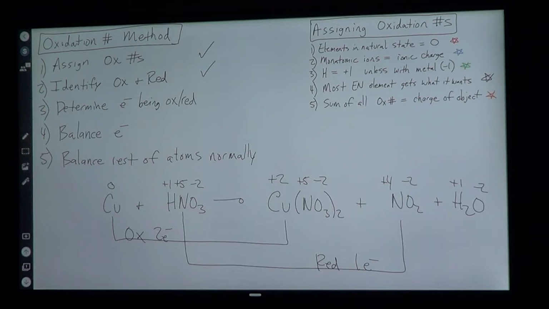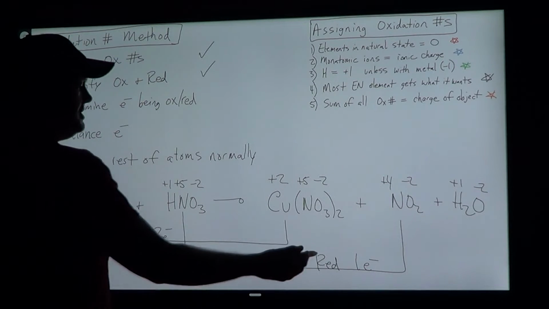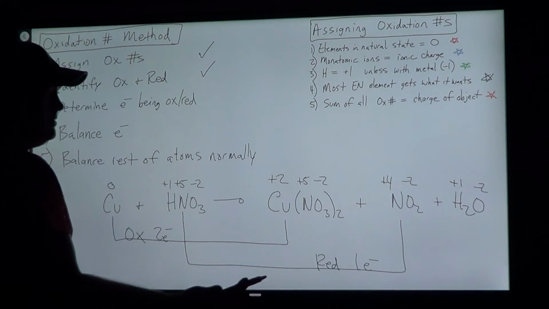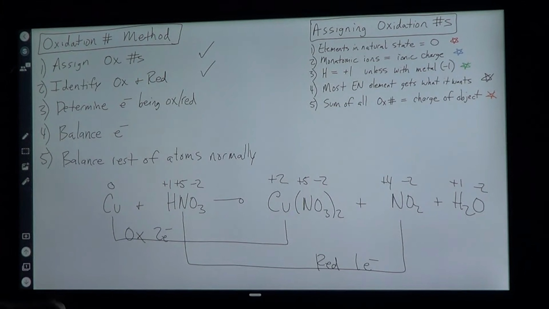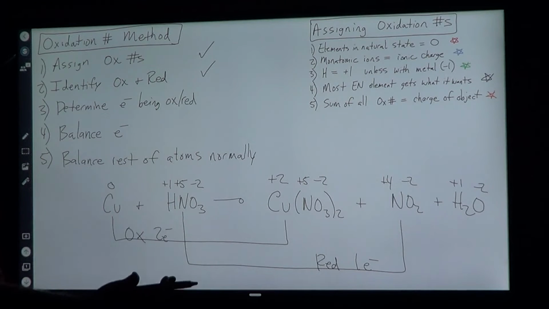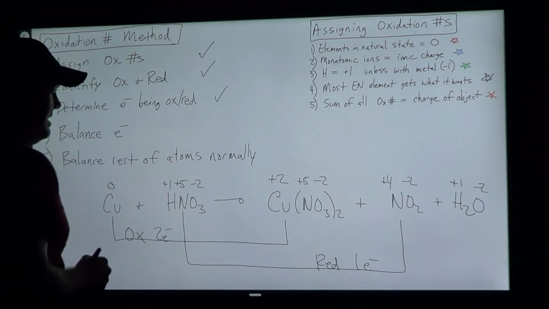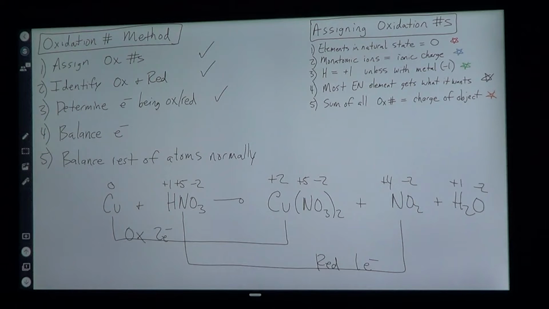So that's a problem, because the nitrogen is only taking 1 electron per atom, but the copper needs to give up 2 electrons. Which is why we have to do step 4. We have to balance those electrons.